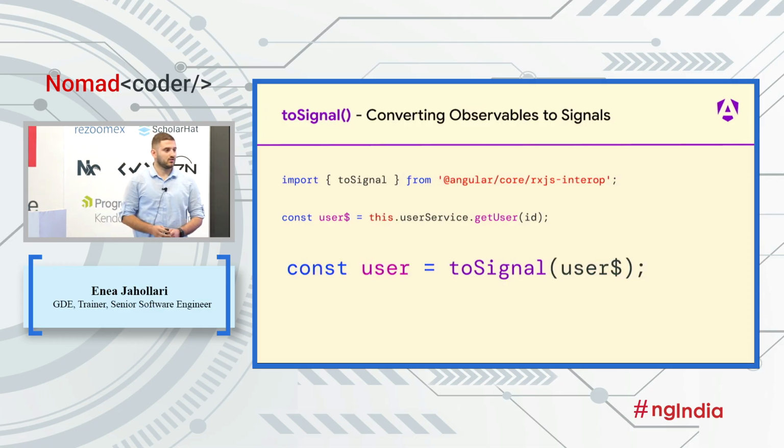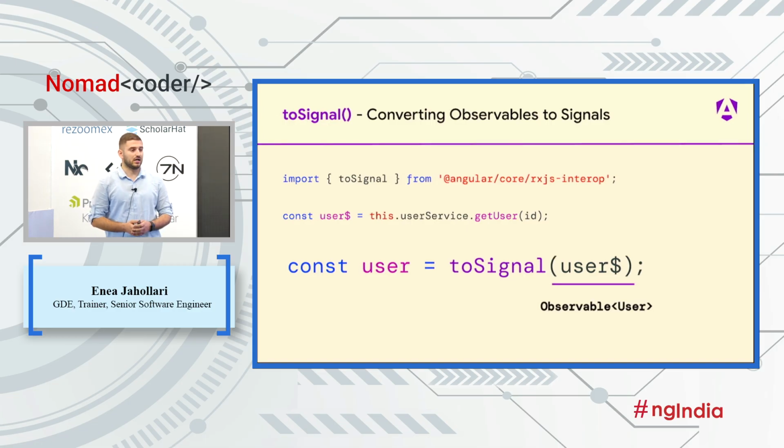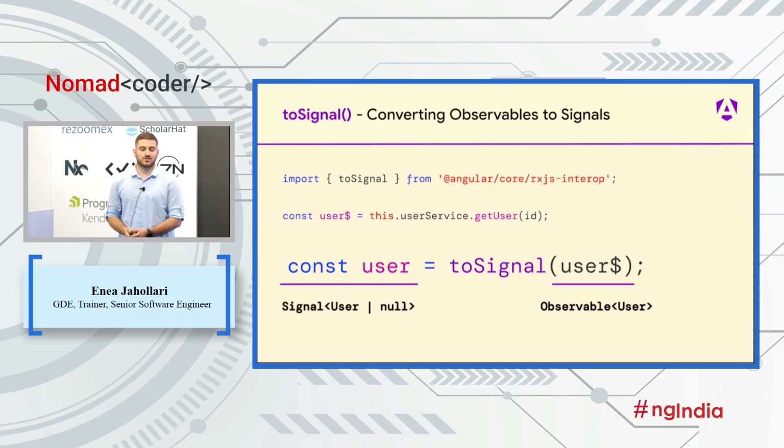So what this allows us to do is say, hey, I have an observable that is of type user, and I want a signal out of it because Angular speaks better in signals because it understands them better and optimizes them better. So give me a signal out of that observable. And of course, that gives us a user or null. We can also pass an initial value to that signal, so we can also ditch the null part.